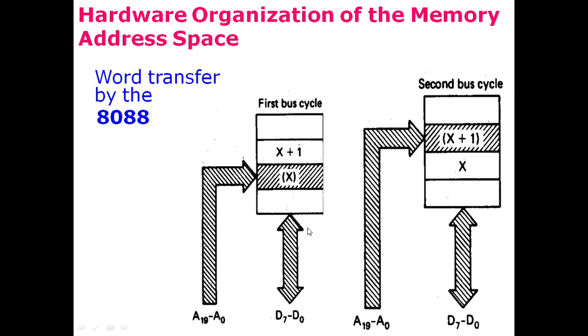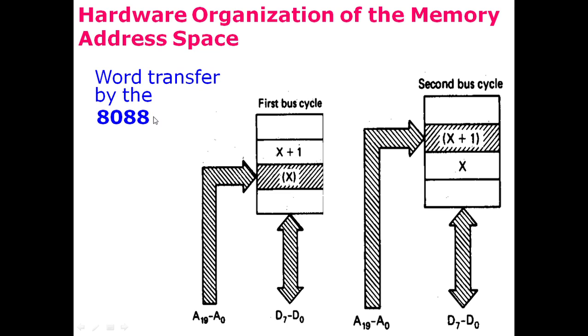Sorry, these are not two separate banks, they are the same. They are just one bank connected with the 8088 microprocessor. So these are 1 mega locations, and each location has 1 byte capacity.